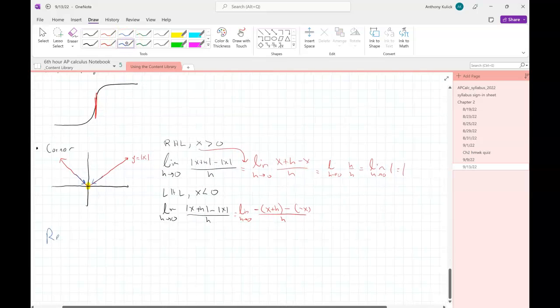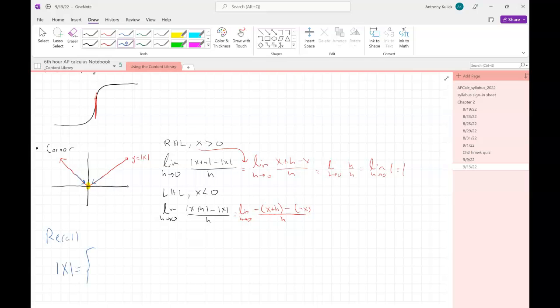Well, kind of. But if you go back and think about the definition for an absolute value function, it's piecewise, where if x is greater than or equal to 0, then it's just x.